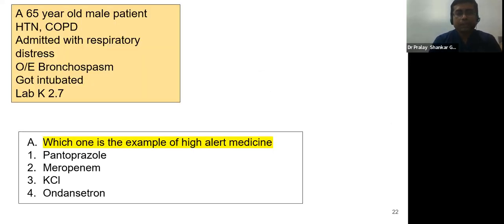Now coming to the next question. Same patient, lab investigation has come, and the only significant finding was potassium, which is towards the lower side, 2.7. So my next question is, which one is an example of a high alert medicine? Pantoprazole, meropenem, KCL, ondansetron.